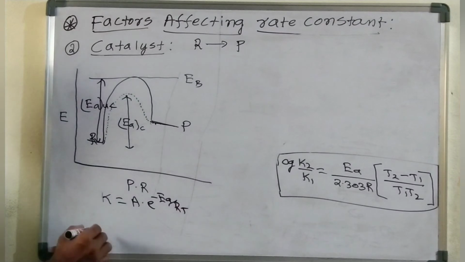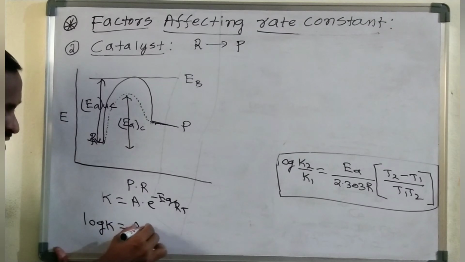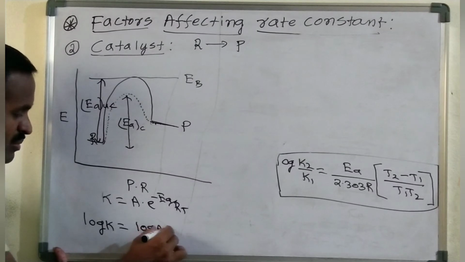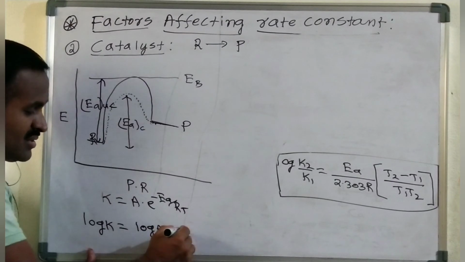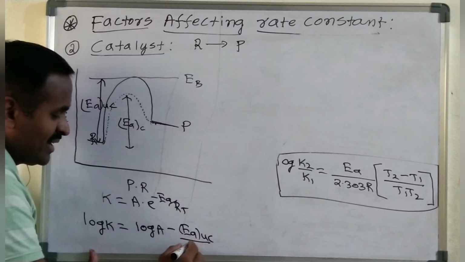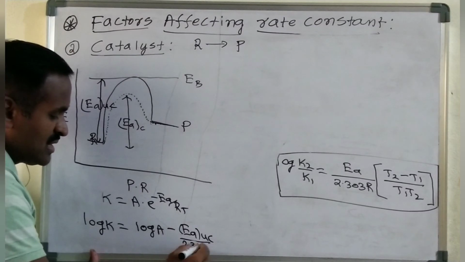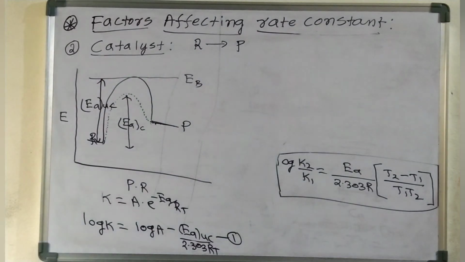Whenever I take the logarithm on both sides, I get log K equals log A minus EA of uncatalyst, I will write here UC, divided by RT, or I can write 2.303 RT. Let us take this as equation 1.